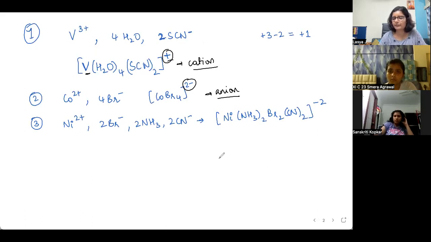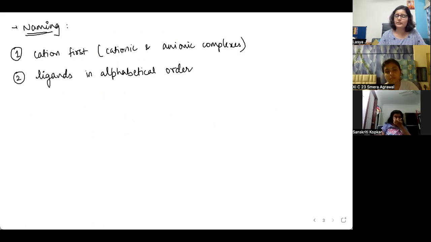Like for example, even for compounds, you've been following this, right? If you have ammonium hydroxide, NH4OH, even the name ammonium comes first, hydroxide comes second. When you have sodium chloride, the cation is named first, then the anion comes. So in this case also, it may be a cationic complex or an anionic complex, but you'll always name the cation first and then the anion next.